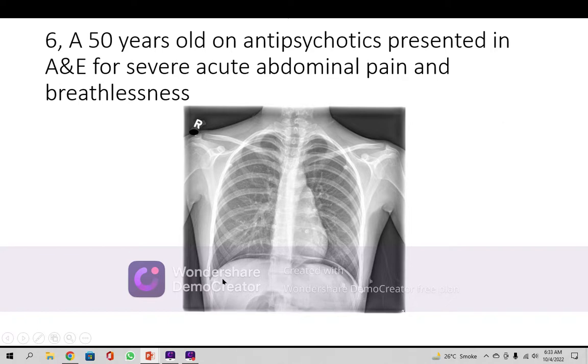You can see under the right dome of the diaphragm there is definitely air present, a linear air shadow. Air is under the right dome of the diaphragm as well as the left dome of the diaphragm. Both are equal. Now the right is normally more than the left dome of the diaphragm.